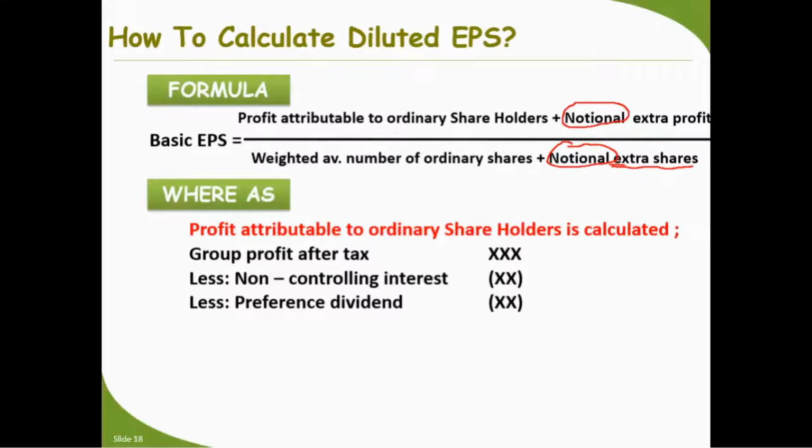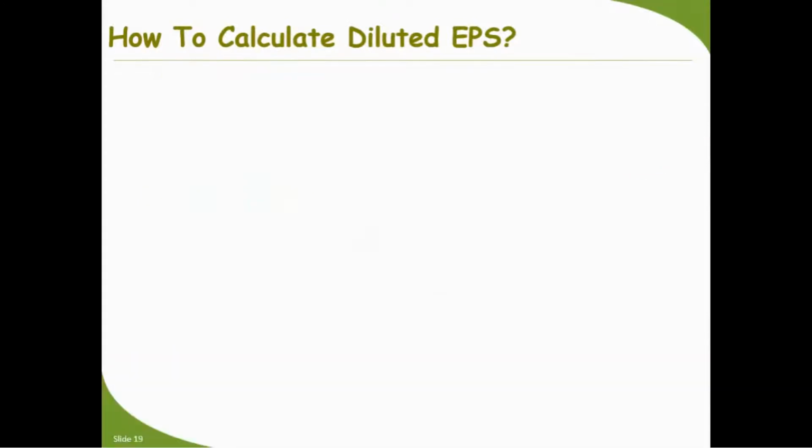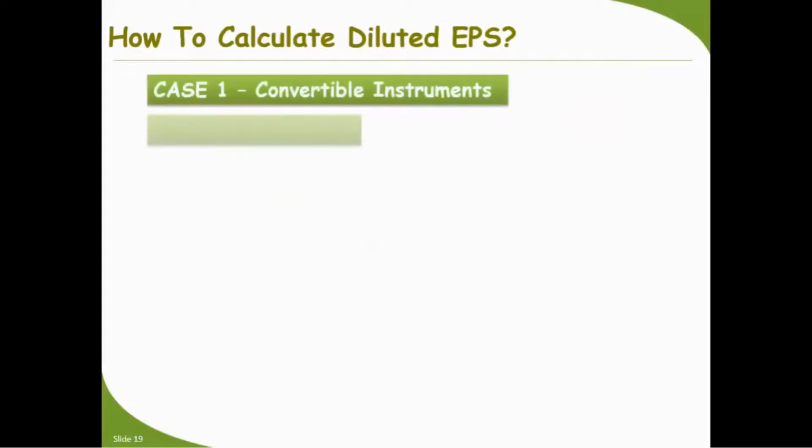Keep in mind how to calculate diluted EPS in case 1, convertible instruments. Convertible could be convertible loan notes, or convertible preference shares. Here I am talking with the example of convertible debts, meaning loan notes. What are the characteristics? Interest or dividends would be saved, as I discussed earlier, by converting those instruments into ordinary shares.